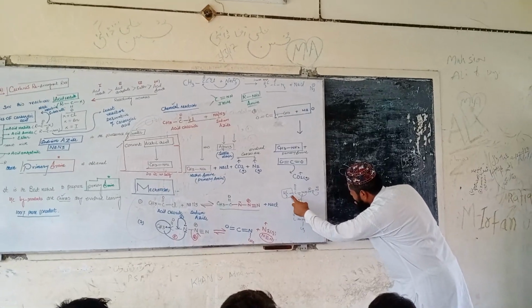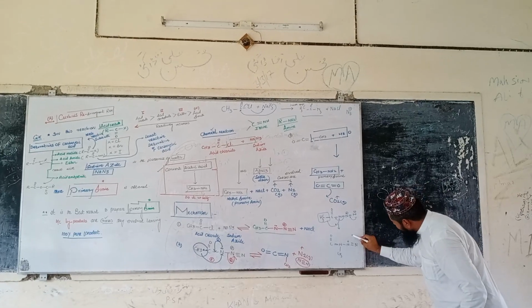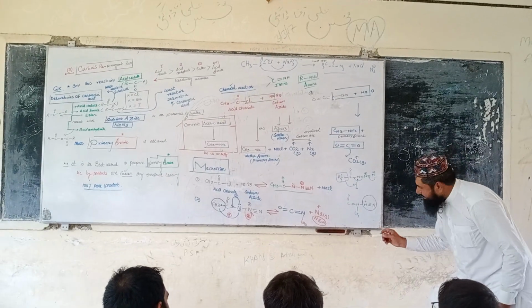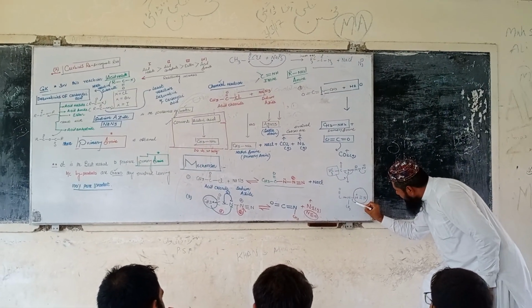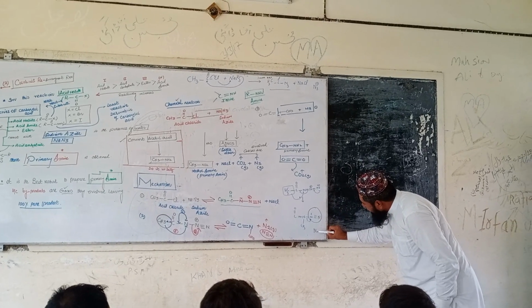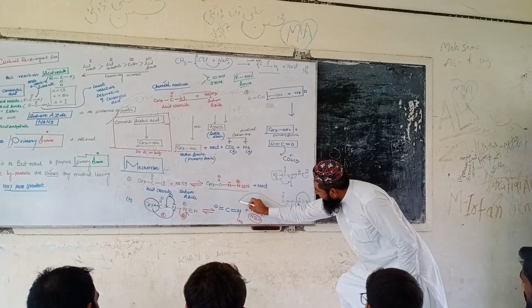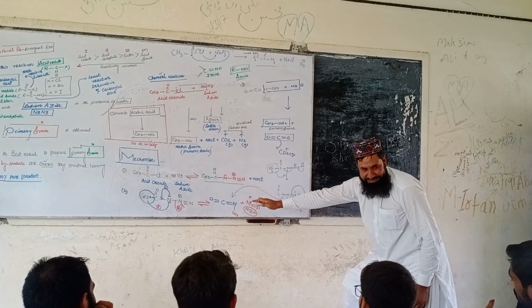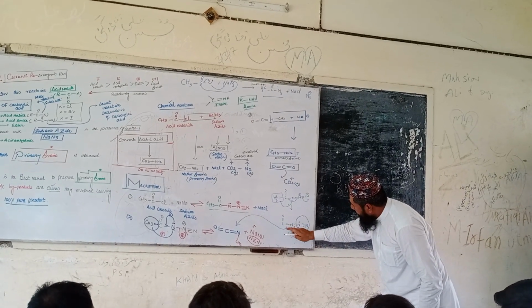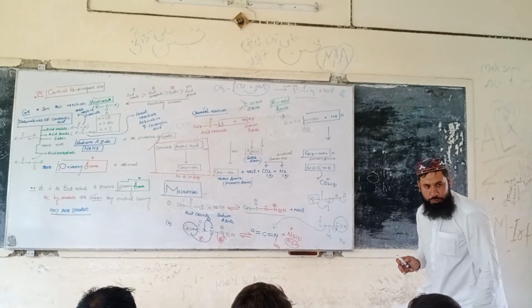Okay, and that methyl group comes here, so it makes this group unstable, and due to that instability, this bond shifts toward this side, so nitrogen gas is evolved, and we get this thing: C double bond O, C double bond N, and methyl group.